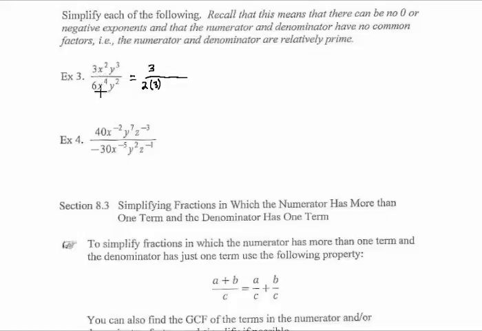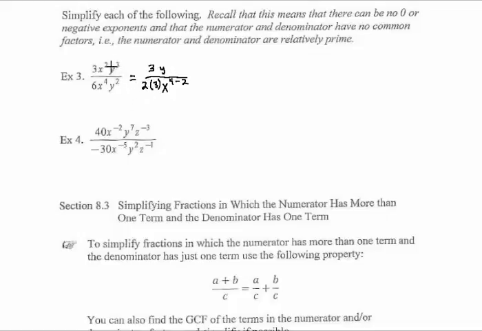We have an x on the top and the bottom, and so what we do is we pick out the x with the largest exponent, and it's going to stay where it's at, and we're going to move the other exponent, the smaller one, and subtract it from the larger exponent. So we write an x on the bottom in the denominator, and we write 4 minus 2 as its exponent.